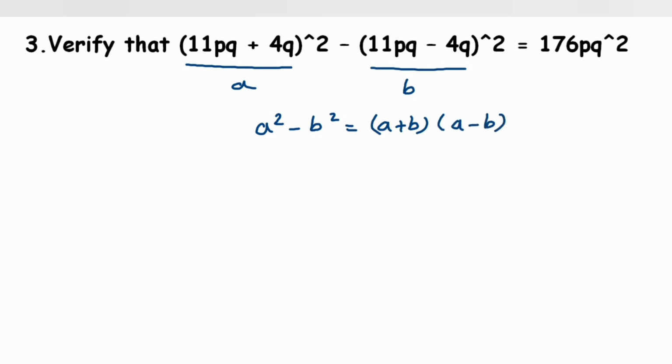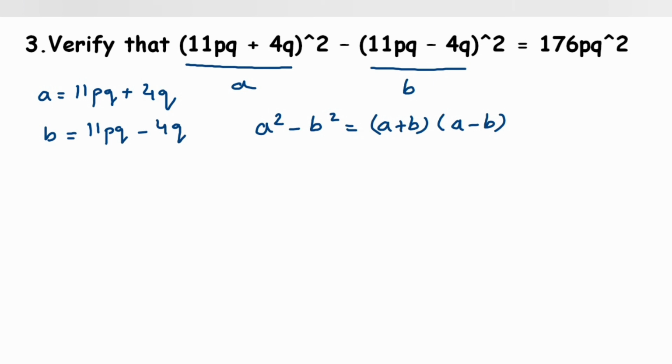So from here, make sure that a value is 11pq plus 4q and b value is 11pq minus 4q. Now I'm going to substitute in this identity.